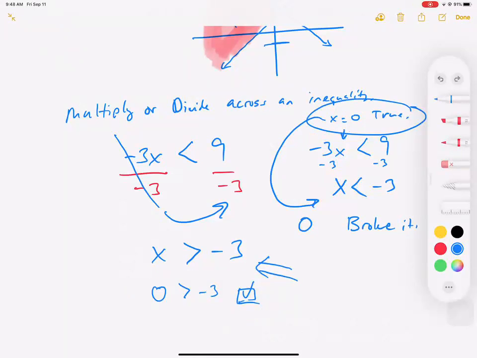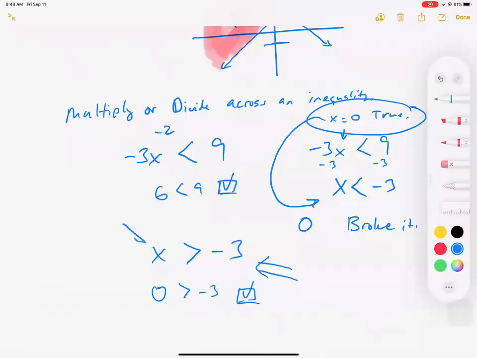So let me show you this real quick. In this original question, give me a number that works besides 0. If I pick -2, -2 times -3 is 6. Is 6 less than 9? Yes.